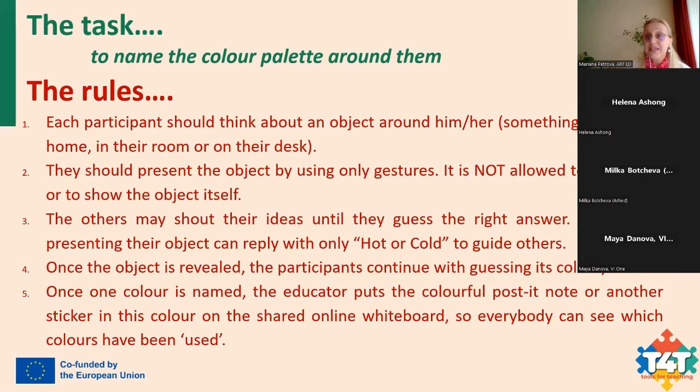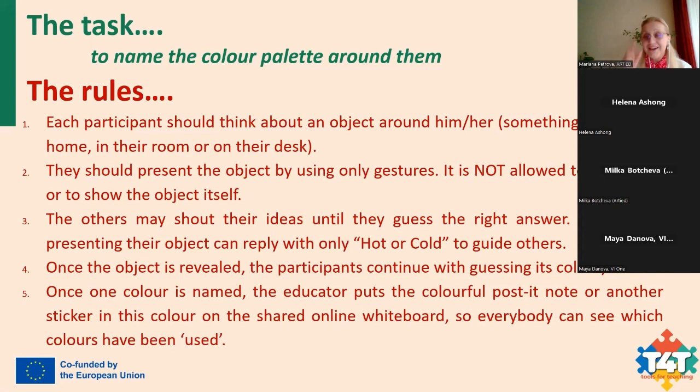So the rules here are that each participant should think about an object around them. This might be something at home, in their room, or on their desk, and to present that object using only gestures.